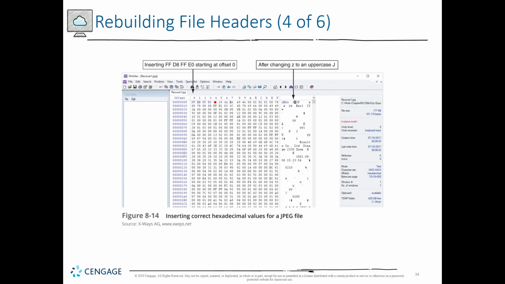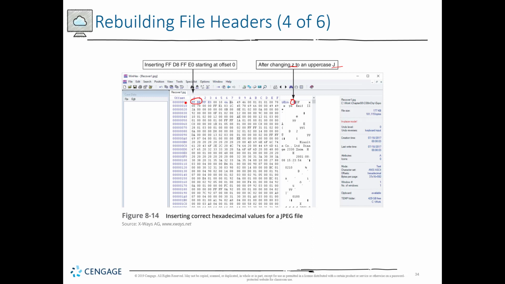If we go to the next slide, if we actually do a correct header, so changing the Z back to an uppercase F, we should notice our correct offset. That then possibly will allow us to view it.